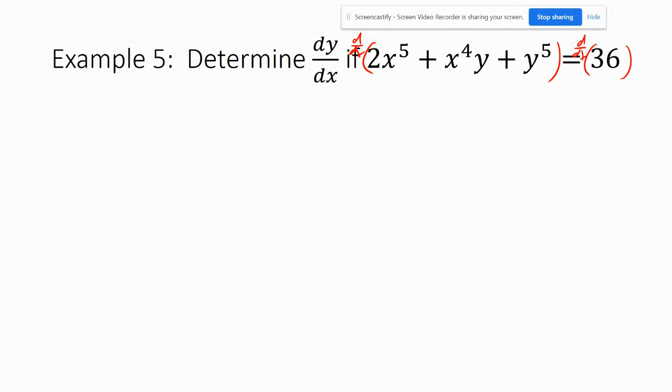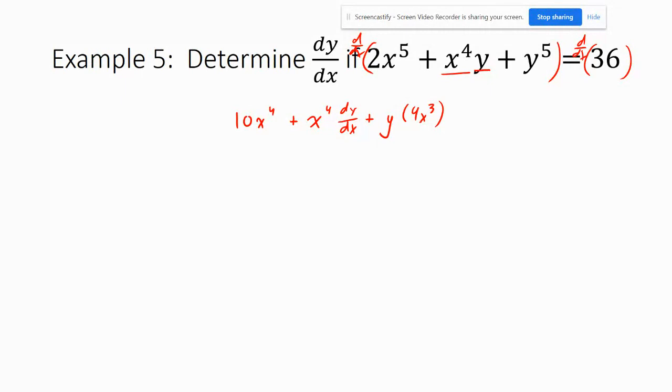What's the derivative of 2x^5? Well, it's 10x^4. In this case, x^4 y, we have to treat this as two functions, x^4 and then y. So we have to use product rule on this guy here. So I go first, second prime: x^4 times the derivative of y, which is dy/dx, plus second, first prime: y times 4x^3.